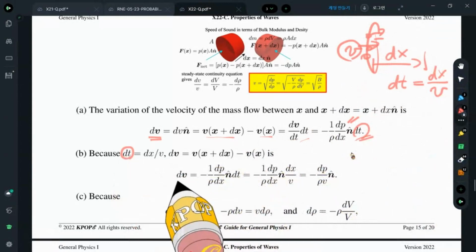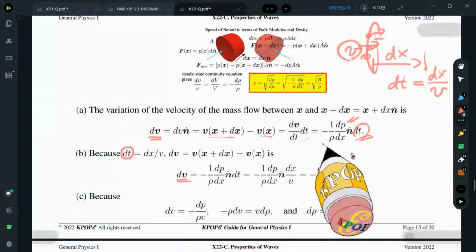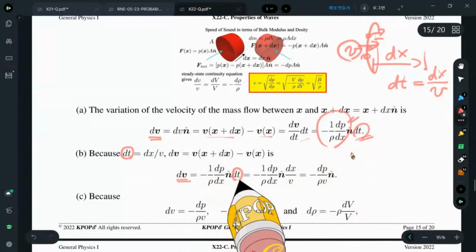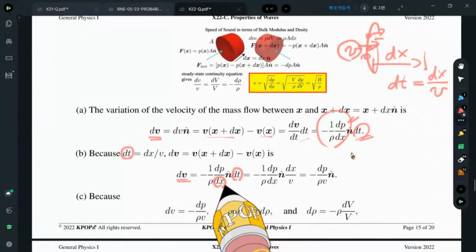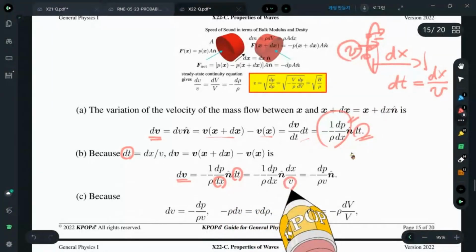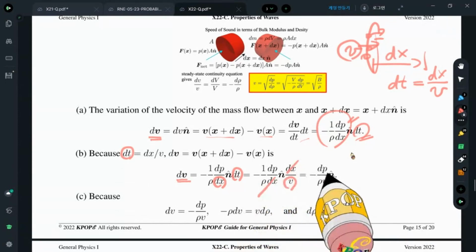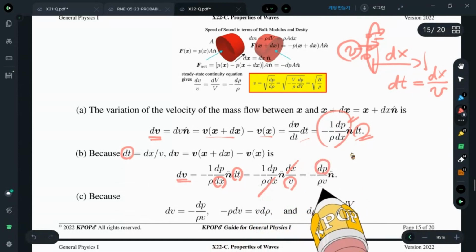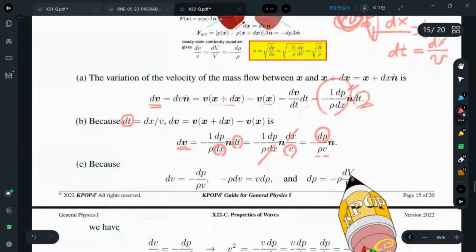So the velocity change can be computed in terms of this, and this ratio dx over dt is replaced with the velocity of mass flow. This dx cancels. What we end up with is the pressure change divided by density times the velocity of mass flow.